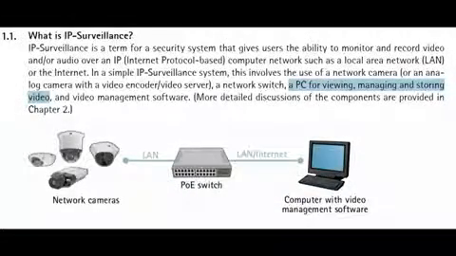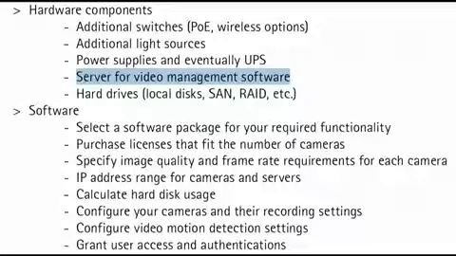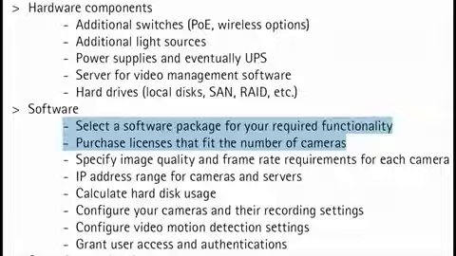Notice here in this very popular IP video surveillance guide, it recommends a PC for viewing, managing and storing the video. Further down in the document under System Checklist, it recommends purchasing a server for video management software and to also purchase the software licenses for each camera, which can cost anywhere between $100 to $150 per camera, depending on the feature set of the software.